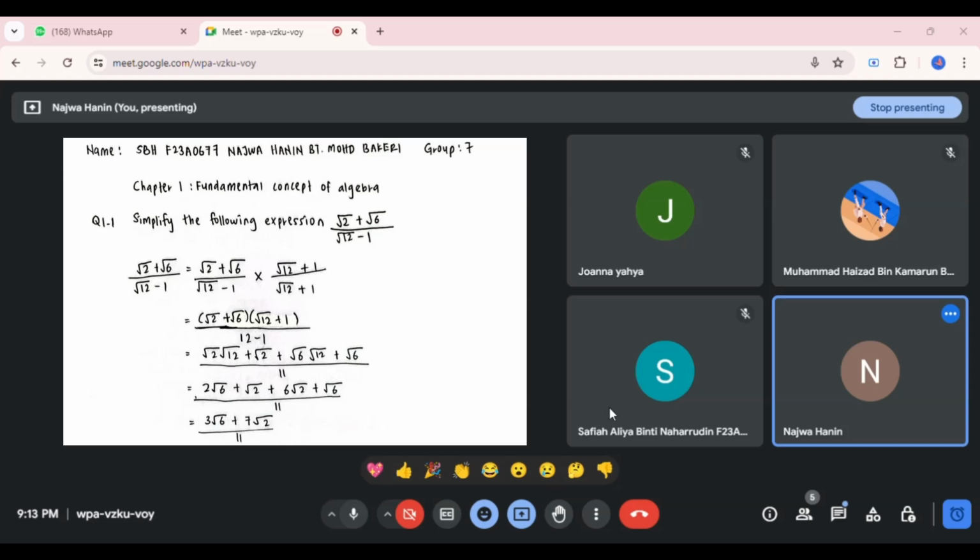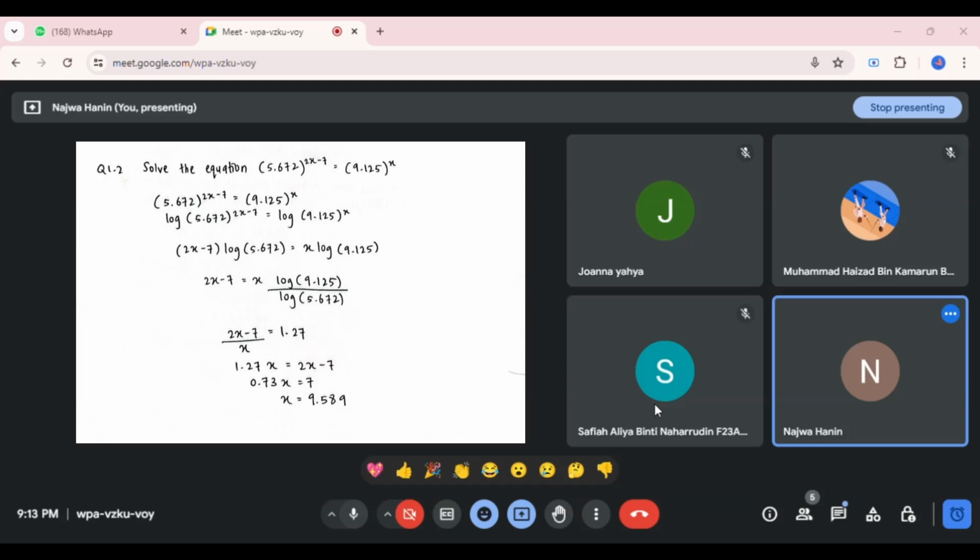Combine like terms and we got 3 root 6 plus 7 root 2. Same with the denominator, we need to simplify and we got 11. Then combine the simplified numerator and denominator. So the simplified form of the expression is 3 root 6 plus 7 root 2 over 11.